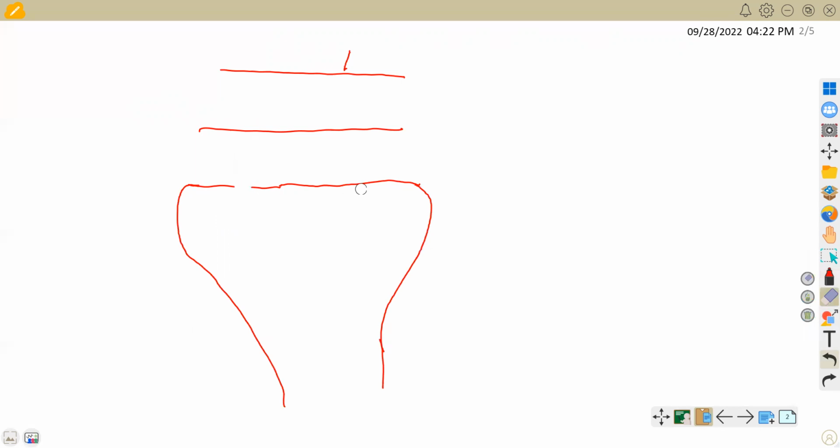It is invaginating inside the blood capillary. This is BC, the blood capillary, which you can also say is the glomerular blood capillary.